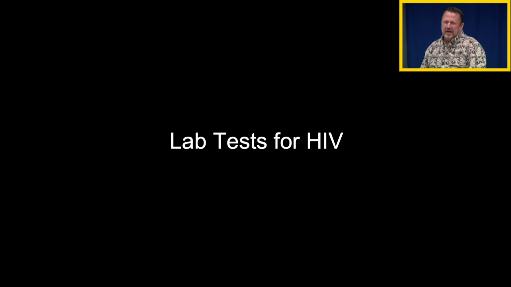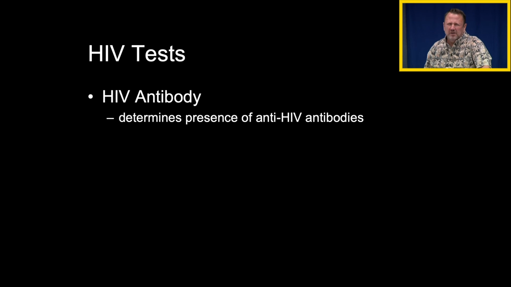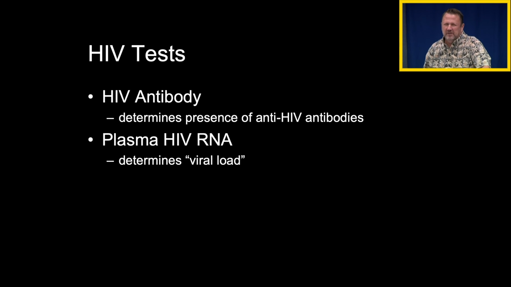All right, let's talk about the lab tests for HIV. Obviously, an antibody test will test the body for certain antibodies. We'll test the person for certain antibodies that they'll make against HIV. And so that antibody test is something that we require to diagnose them with HIV.